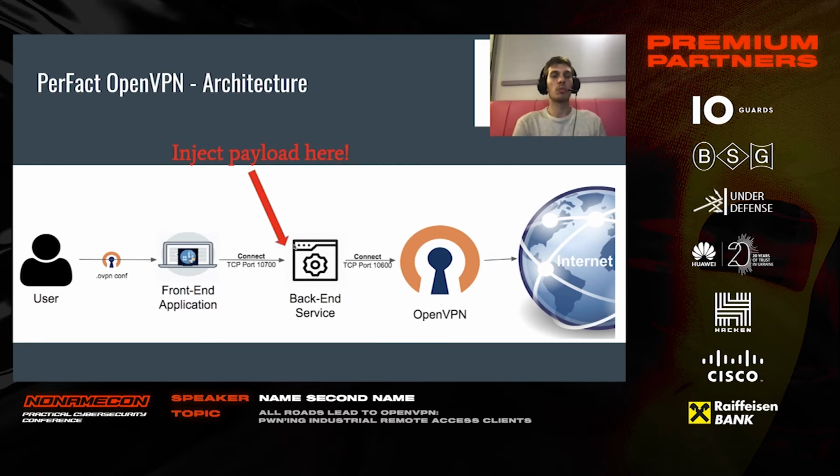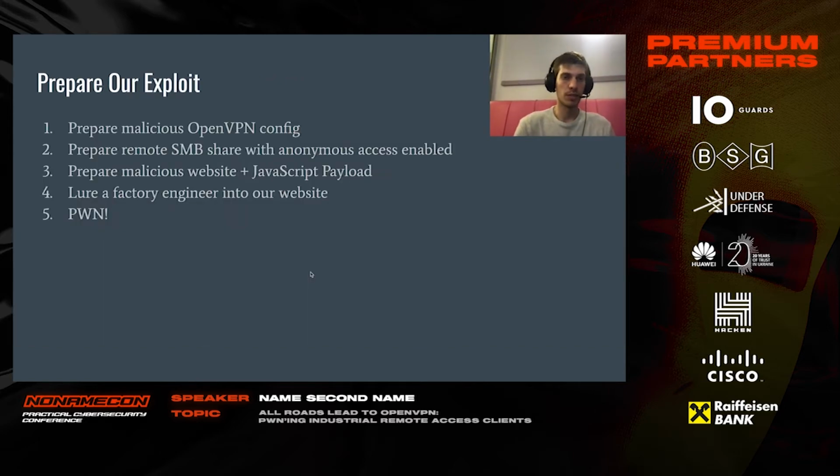So our goal was to force this user to open a web page in our control and inject an HTTP request to the backend service. So let's go over the different steps that we needed in order to exploit this. First of all, we needed to prepare a malicious OpenVPN config with the up directive.